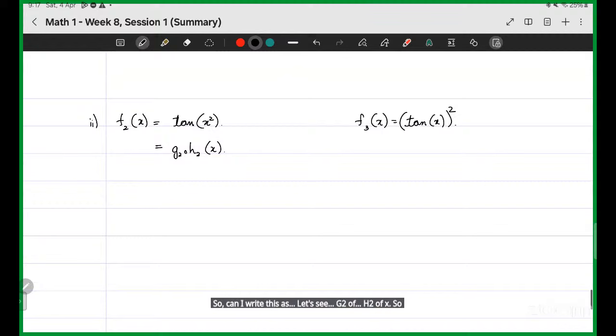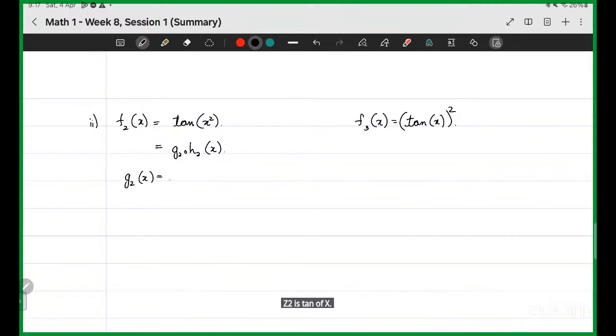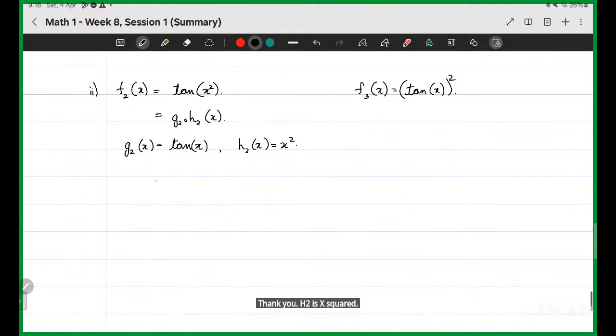So if I want to write this as a composite function, first function is h2 of x, and then that is taken as the input for g2. What are g2 and h2? Can you tell me? G2 is tan of x and h2 is x square. So what I'm essentially doing is, let's say all of these are on R, or wherever tan does not go to infinity. I'm starting out with a point x. I'm mapping it to the point x square, and then I'm taking that as the input, and then I'm mapping it to tan of that.